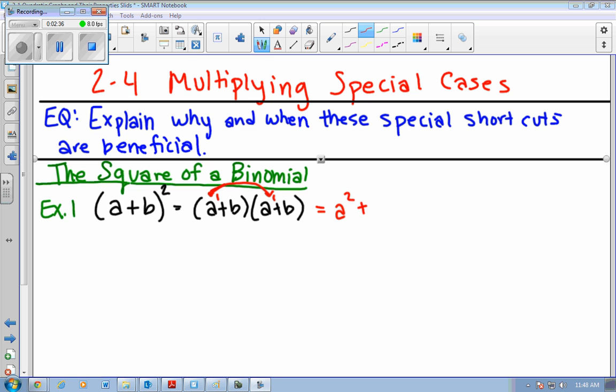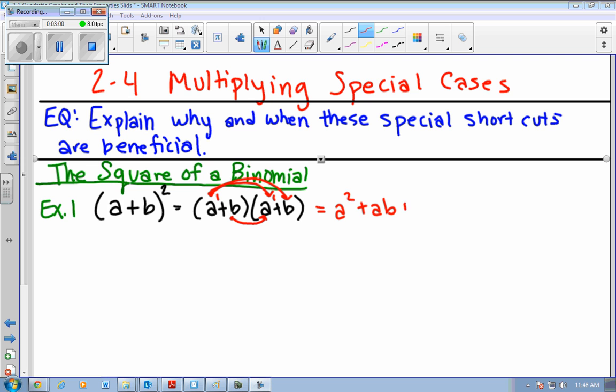So don't just do it once. Make sure you do it twice. A times positive b, ab. Careful, no square on that one because it's just a times b. I know this is weird because we don't have numbers. B times a, ba. Now I'm going to actually write it in alphabetical order.